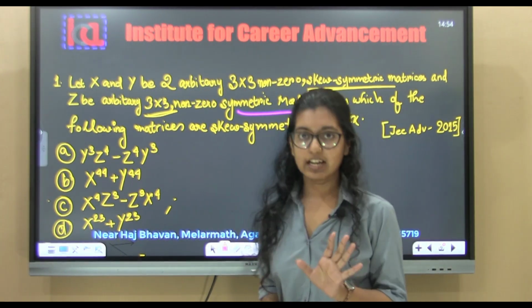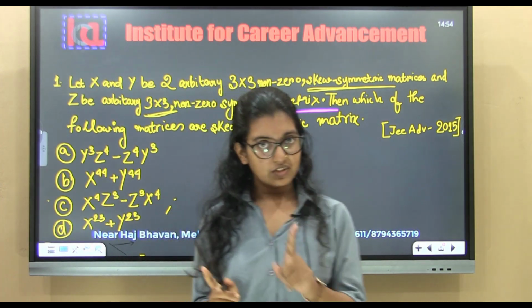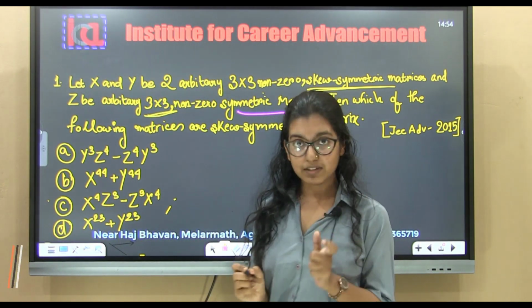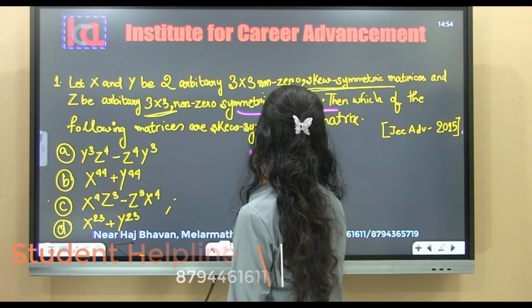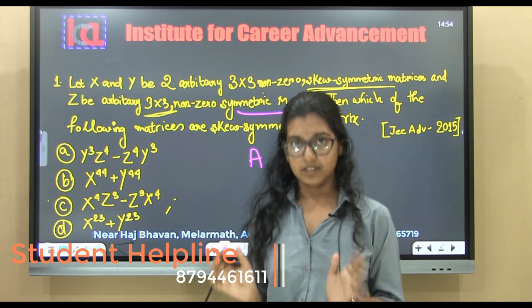Okay. So for that we have to first have a clear knowledge about what is symmetric and skew symmetric matrix. So what is a symmetric matrix? So let us assume A be a symmetric matrix.